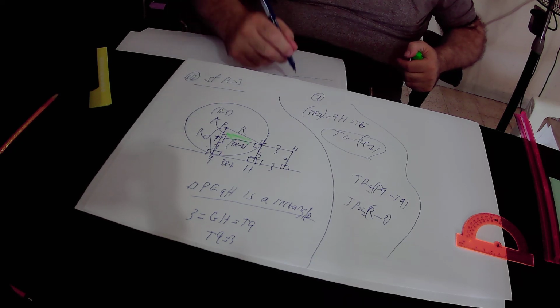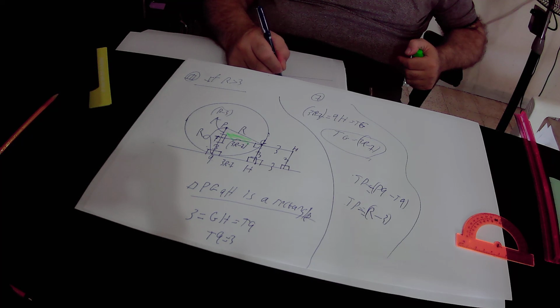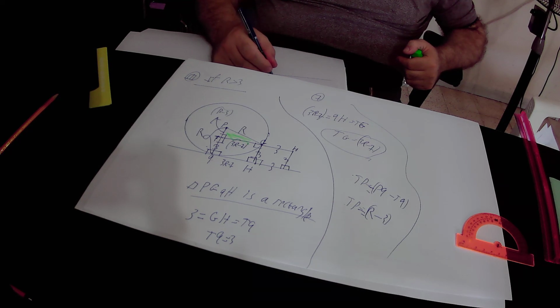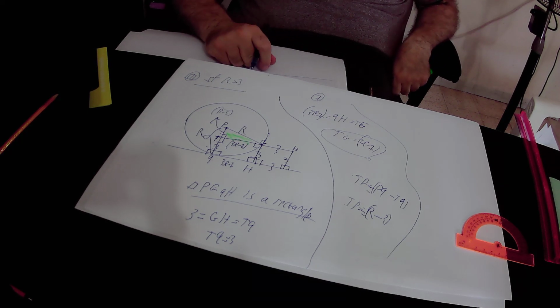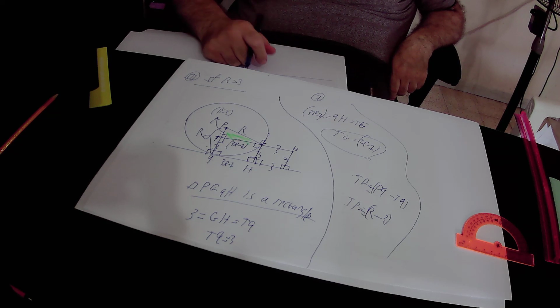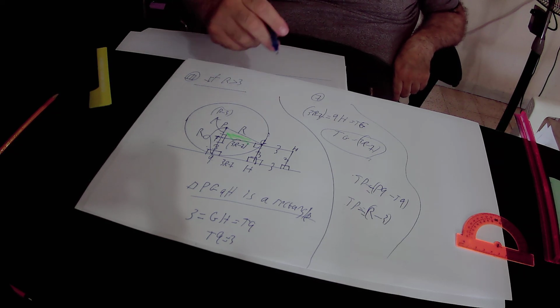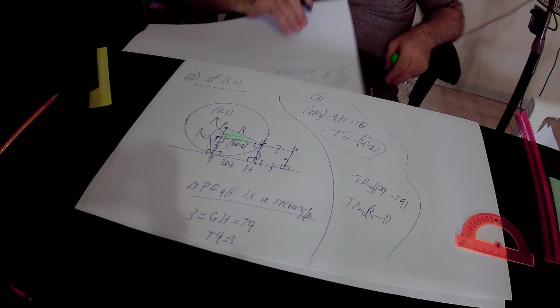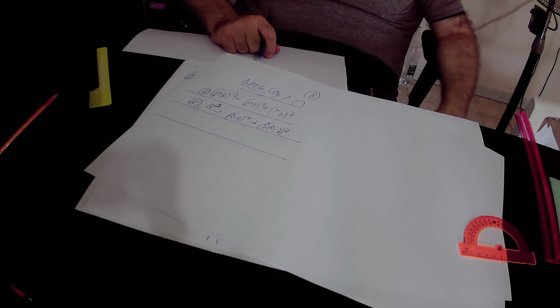PT is R minus 3, so PT square is R minus 3 square, plus TG square. Here TG equals 3R minus 7, therefore TG square is 3R minus 7 square. Okay, so in conclusion, according to the Pythagoras theorem, R square equals R minus 3 square plus 3R minus 7 square.